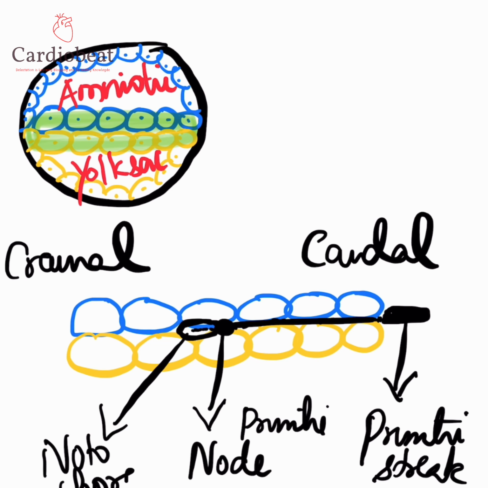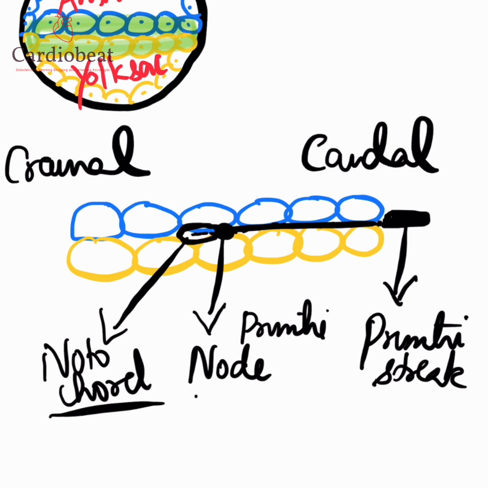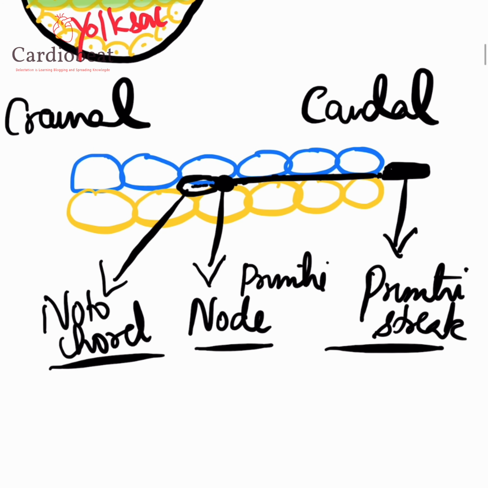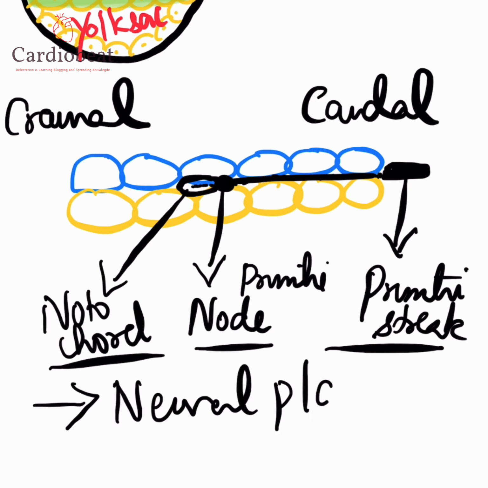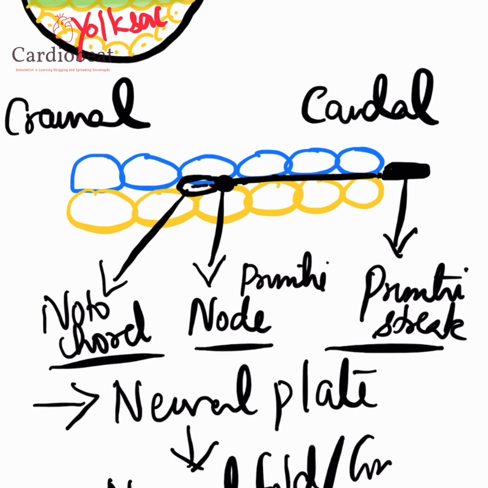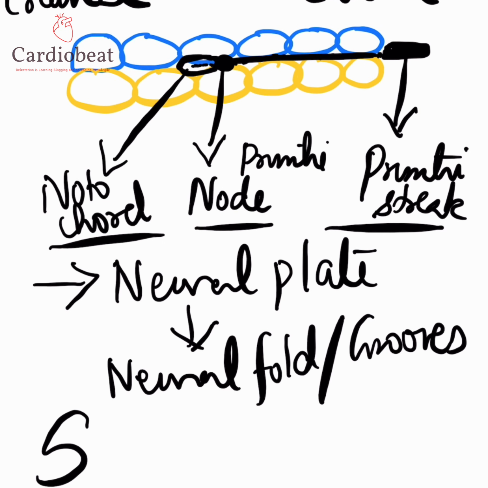At a later stage, due to signaling pathways, the primitive streak and notochord undergo the formation of the neural plate, which subsequently forms the neural fold and grooves to form the future spinal cord and brain.